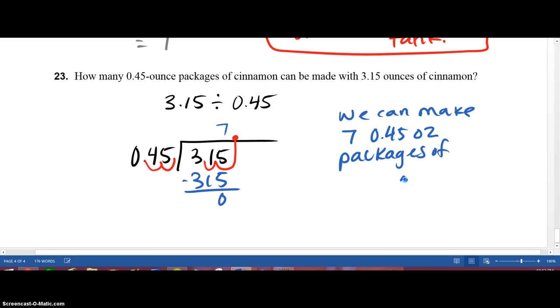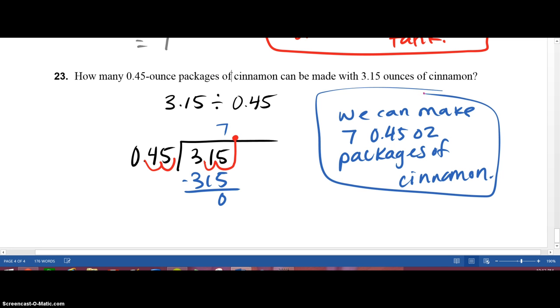Now, before we move on, I do want to show you guys when we get to this point, if we say 7, that's saying that each package will have 0.45 ounces of cinnamon. And if we can make exactly 7, then we should be able to go back and take 0.45, multiply it by 7, and get our original 3.15.